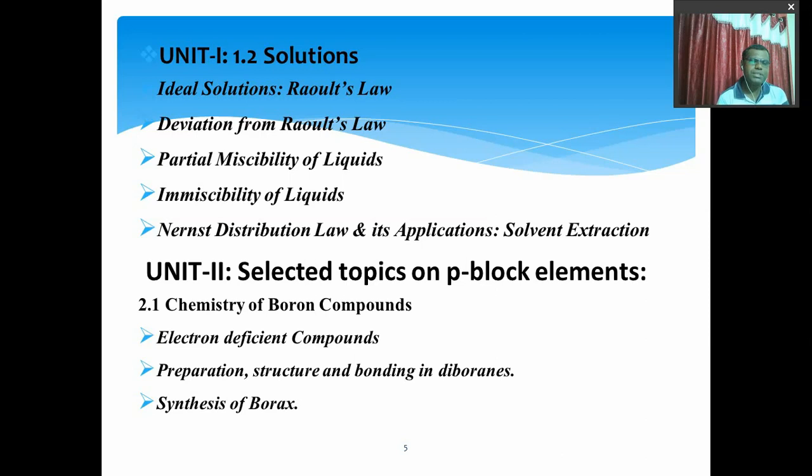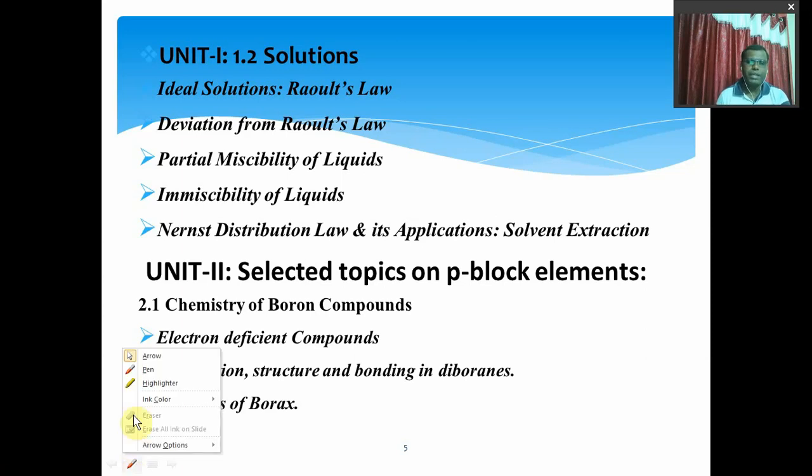On the basis of this, they are called ideal solution and non-ideal solution. Non-ideal solutions are also called real solutions. This classification is based upon whether the solution obeys Raoult's law or not.